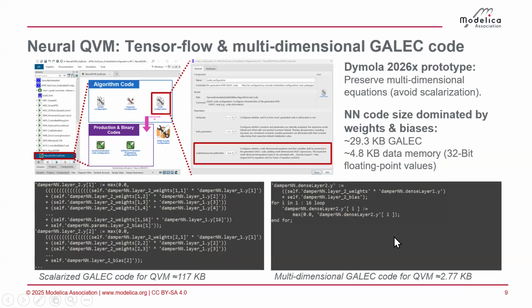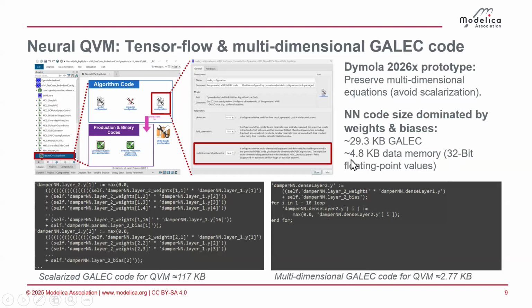And then, if you look at the solution, what we see essentially is that the neural network code size is dominated by the weights and biases. And you can't get below the weights and biases. If you think about a Gallic, it's like 29.3 kilobyte Gallic code, just weights and biases. And the minimum you need, if you would have 32-bit floating point, so this is Gallic code, production code generator can achieve this here, this 4.8 kilobyte.